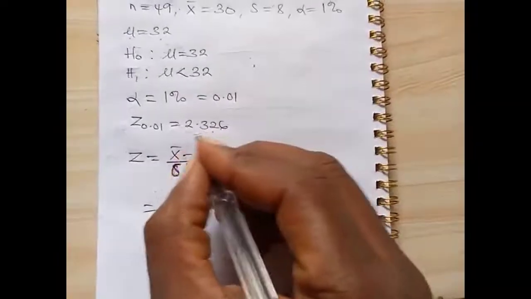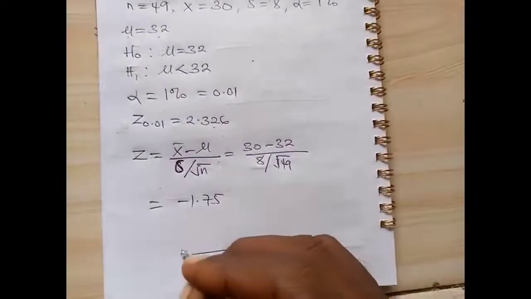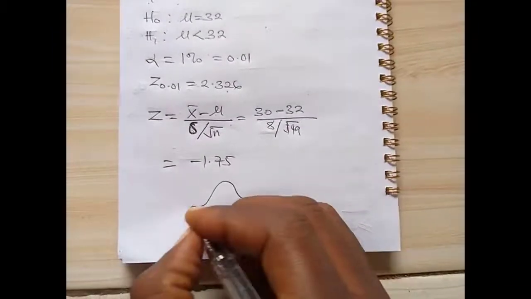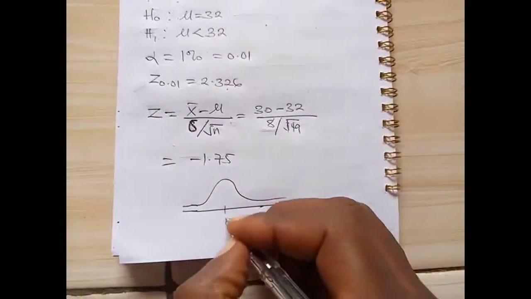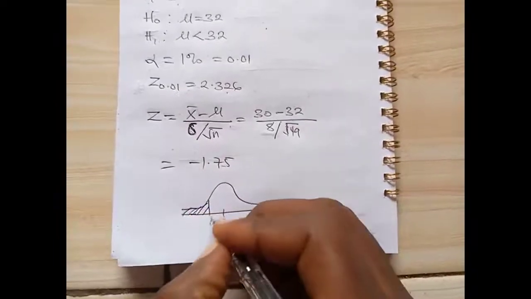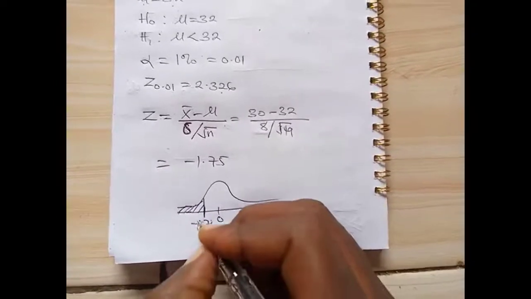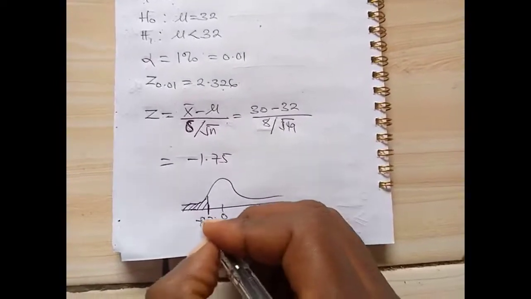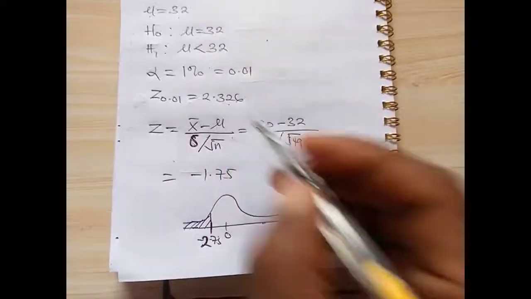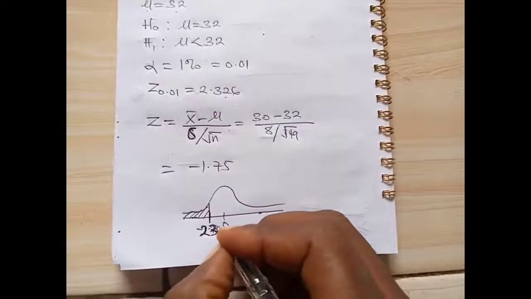Now, this value of z is plus or minus. So the next thing is to determine on the distribution where it falls. So if here is 0, and this side is alpha, and remember critical point, minus 2.326.